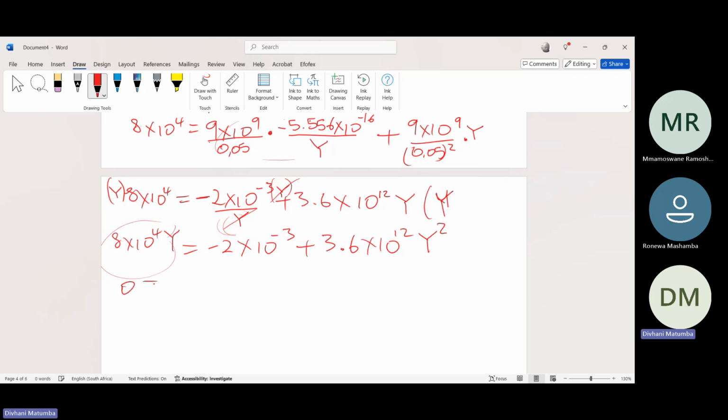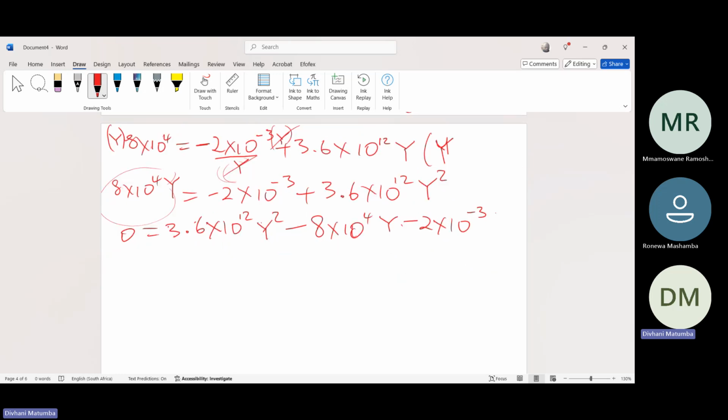I will have 0 equals 3.6 times 10 to the power of 12 y squared minus 8 times 10 to the power of 4 y minus 2 times 10 to the power of minus 3.